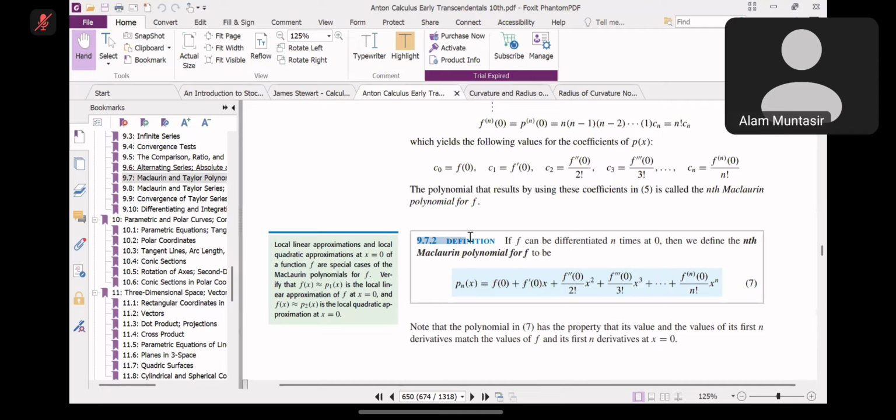Alright, everyone please mark 9.7.2. This is the required formula for generating Maclaurin polynomial for any given function f.